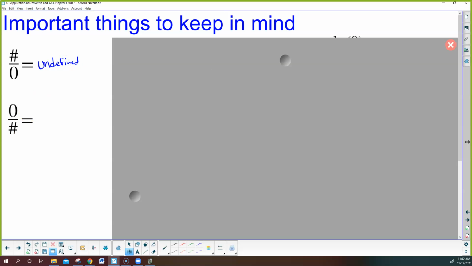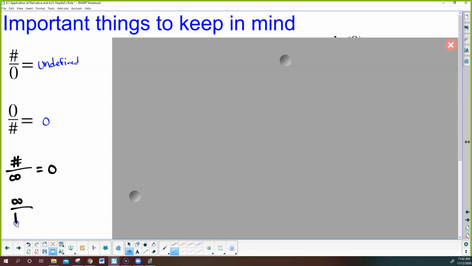It's one of the 10 commandments of math, right? Thou shalt not divide by zero. That is undefined. But what happens when I have zero divided by a number? Zero divided by a number is just zero. And then what happens when I have a number divided by infinity? It doesn't matter the number, but if I divide something into an infinite amount of pieces, that's equal to zero.